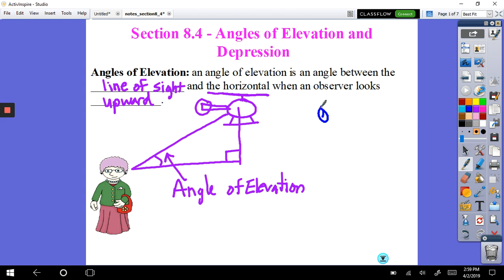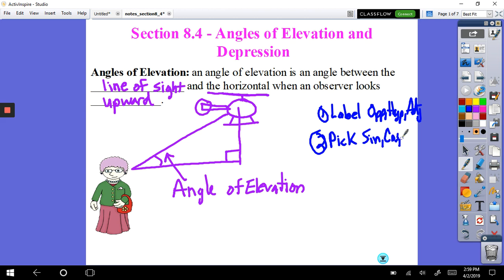Step 1, we're going to label opposite, hypotenuse, and adjacent. Step 2, you're going to pick between sine, cosine, tangent.